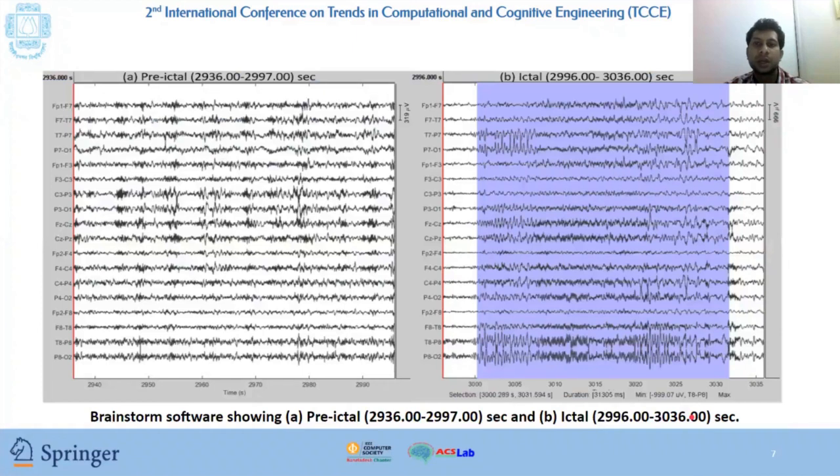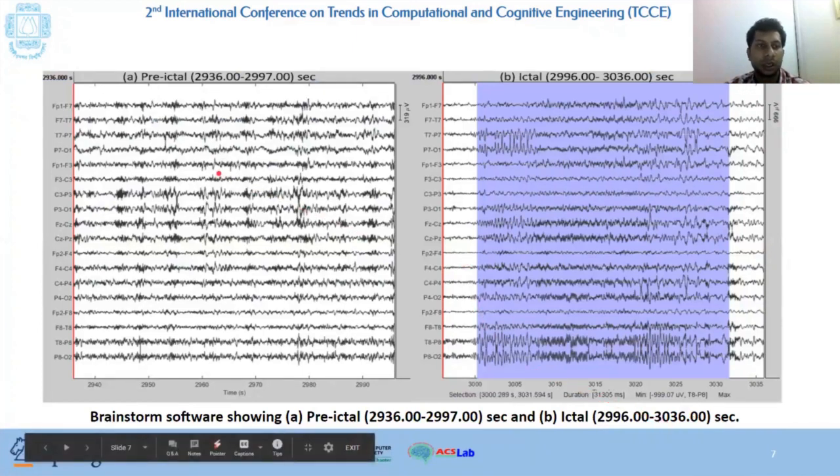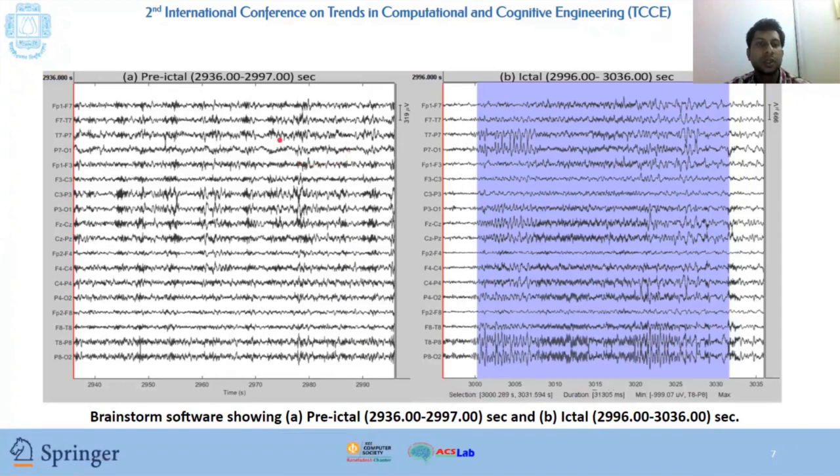These databases are further analyzed under the Brainstorm software, and we have manually segmented all these pre-ictal and ictal states. The pre-ictal states are those just before, about 60 seconds or so, the occurrence of the epileptic seizure.